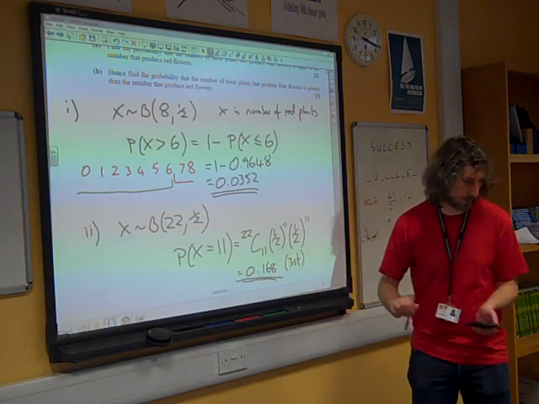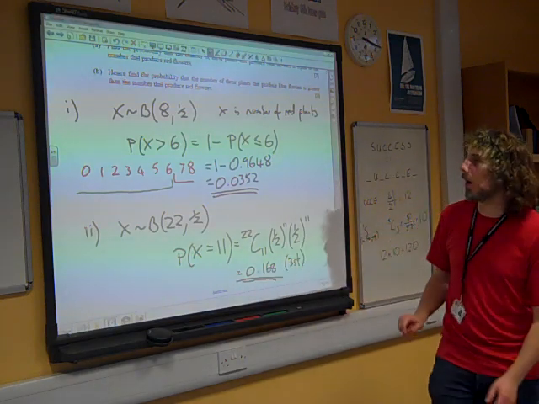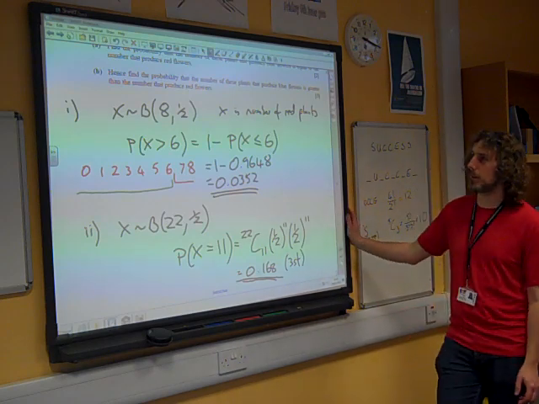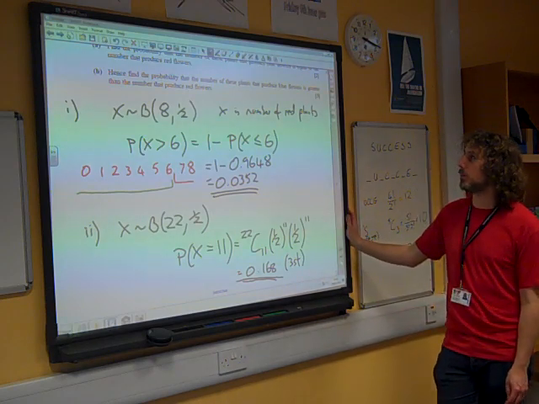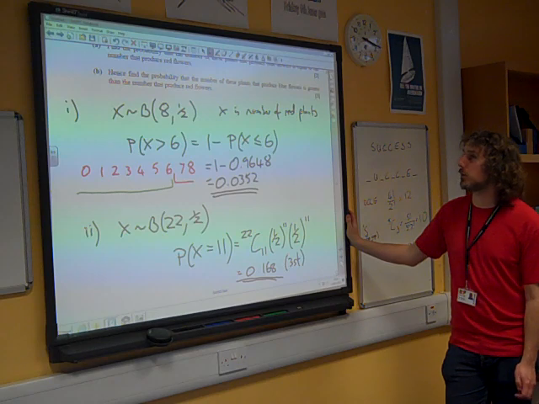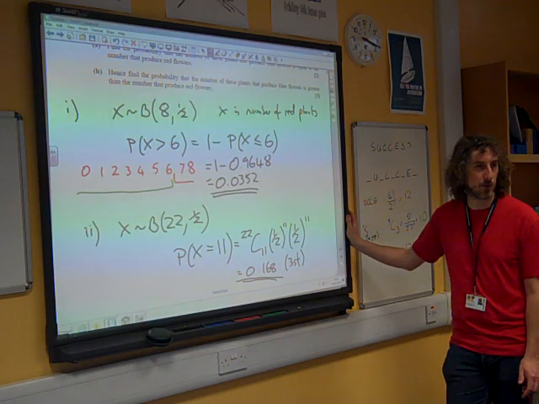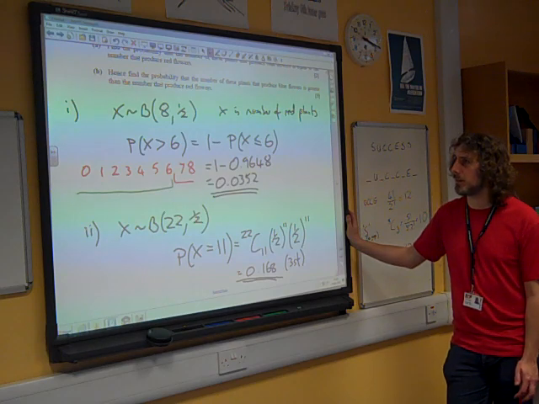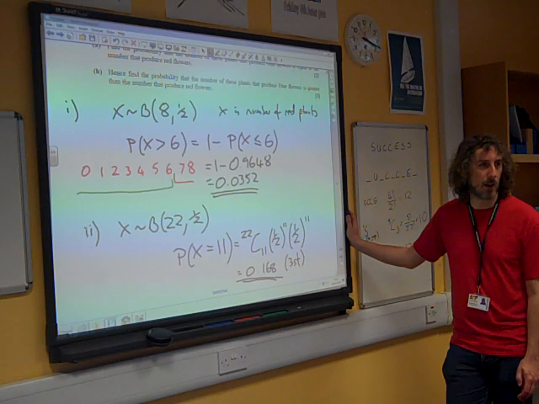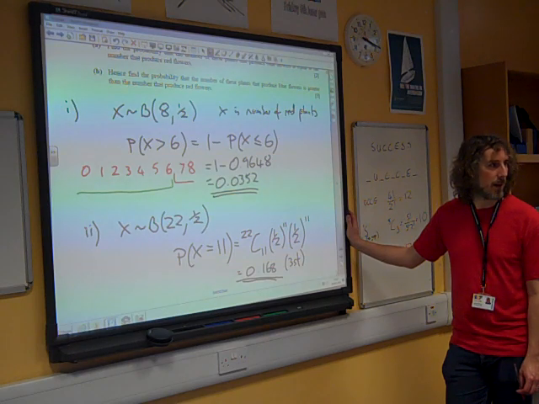There we go. Right, part B: hence find the probability that the number of these plants that produce blue flowers is greater than the number that produce red flowers. Hence, what's the question asking us for here, really?